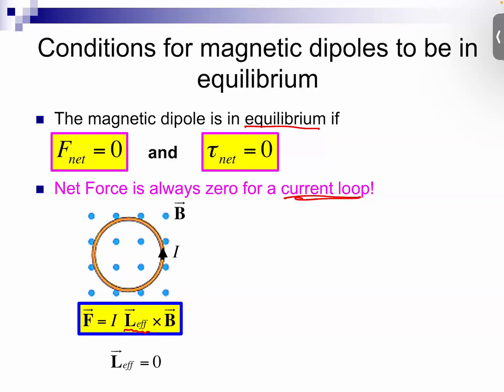Effective length is where you connect the starting point to the end point and measure the length of that. But if your loop is closed, there's really no end point and starting point, so the effective length is essentially equal to 0, and therefore the magnetic force on a closed loop is always equal to 0. So you're now left with determining whether the net torque is equal to 0 to determine whether the wire loop is in equilibrium or not.